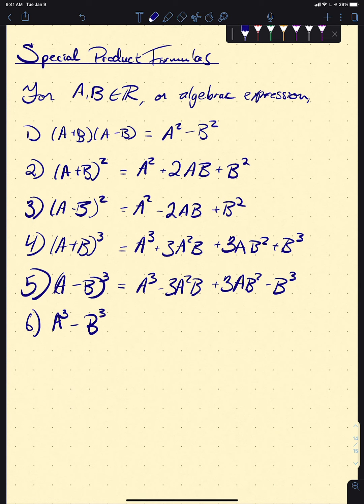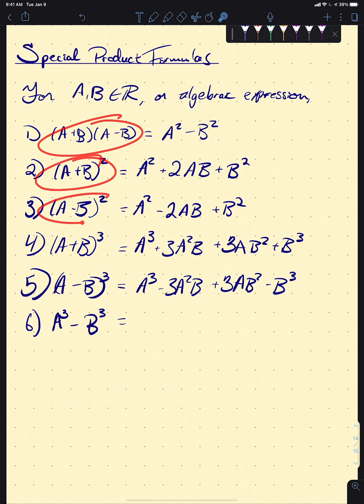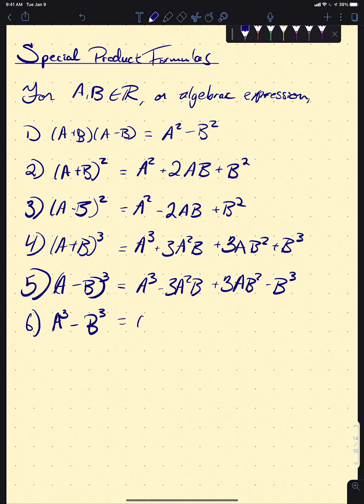You want to, in this case, actually factor this, right? You want to take an expression and turn it into something multiplied by something else. Well, A cubed minus B cubed is equal to A minus B times A squared plus AB plus B squared.